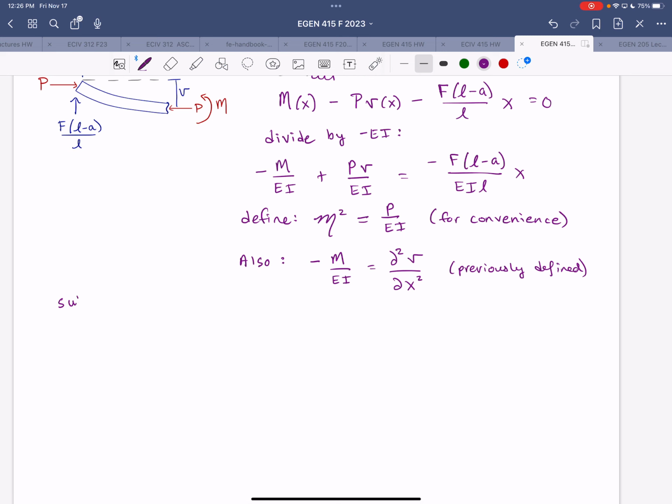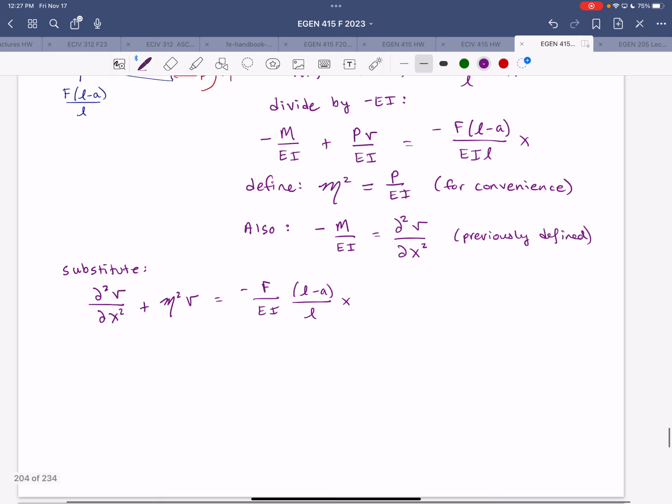We'll make some substitutions, and we get the second derivative of lowercase v with respect to x plus m squared times v is equal to negative F over EI times (L minus a) over L times x.